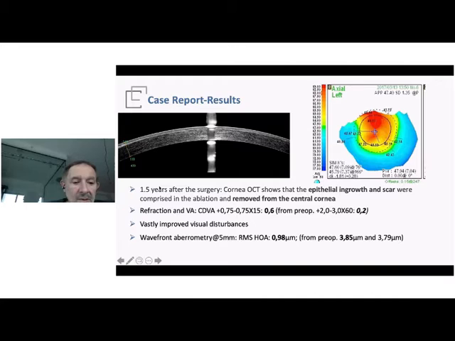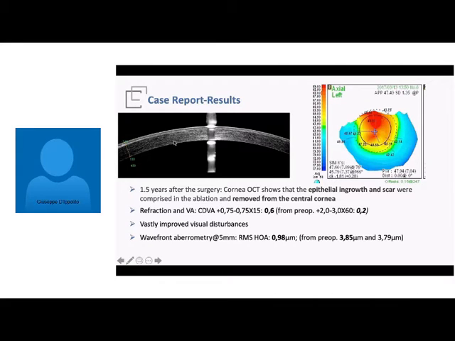So corneal OCT shows that the epithelial ingrowth and scar were removed. The refraction was 0.02 and vastly improved. And the wavefront aberrometer showed 8.